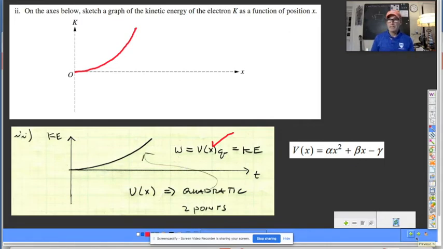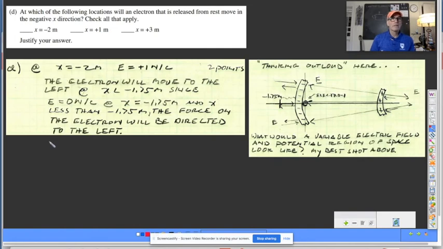Moving right along. Part D, at which of the following locations will an electron that is released from rest move in the negative x direction, so to the left? Check all that apply. Well, if I start with -2 meters, I get a positive electric field.